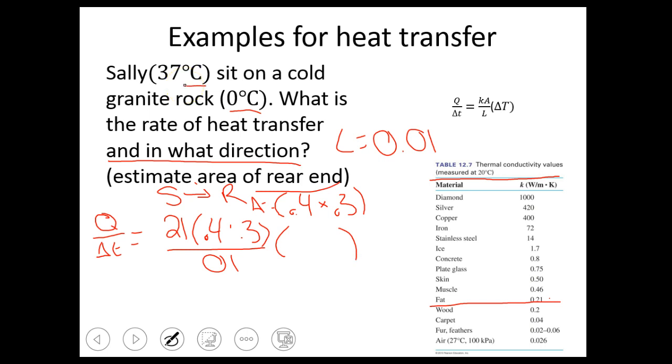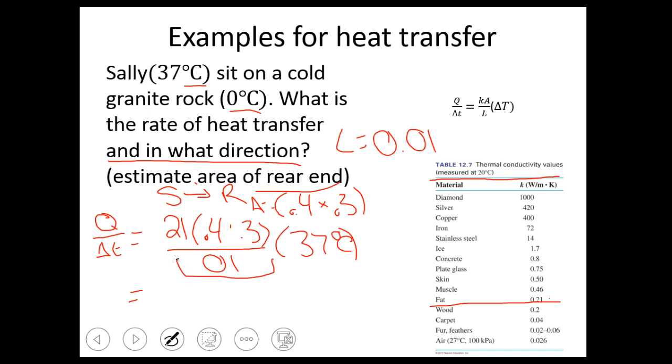I can just leave it as Celsius, and so the difference between those is 37 minus 0, which is just plain old 37 degrees Celsius, or Kelvin if you want to do that. And so what I do is I do this first part and then multiply by 37.